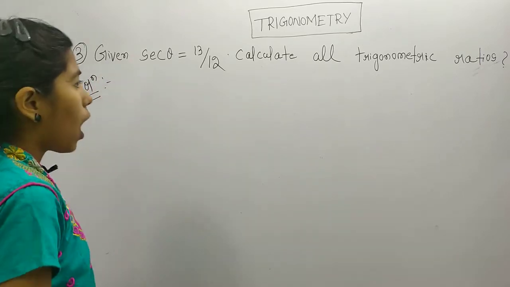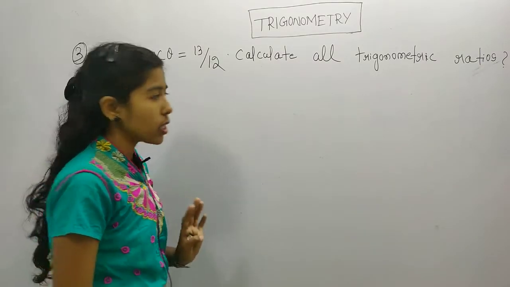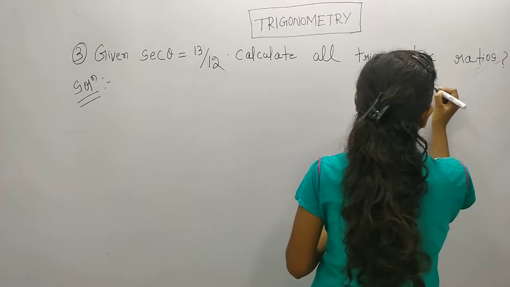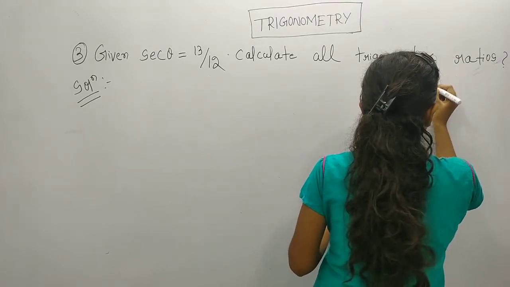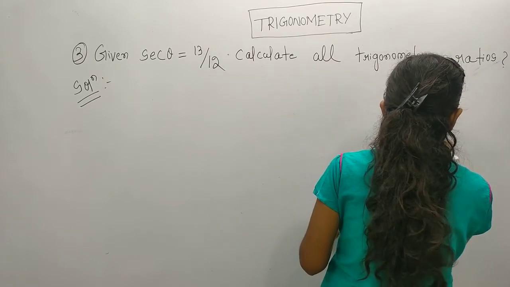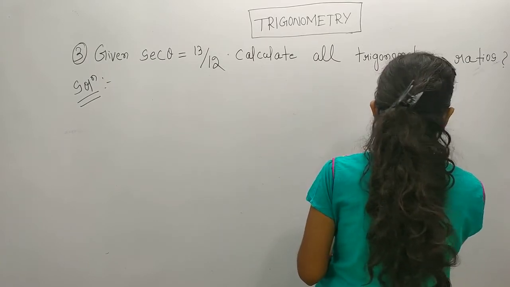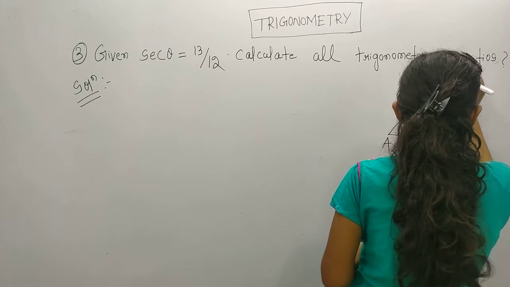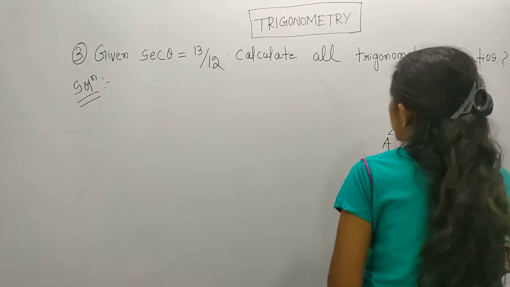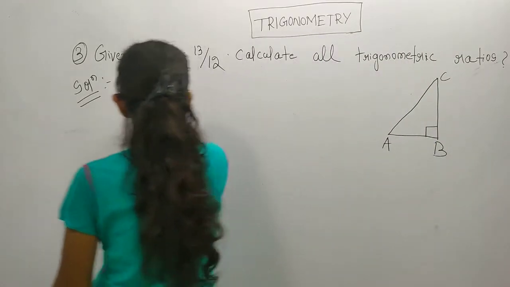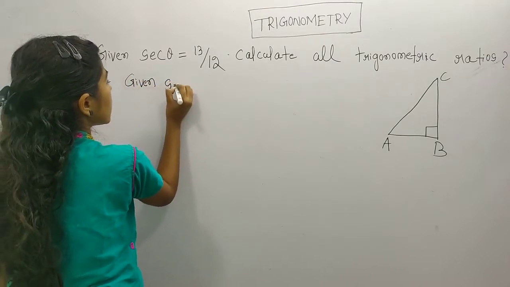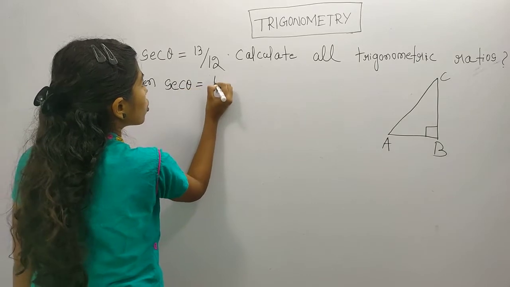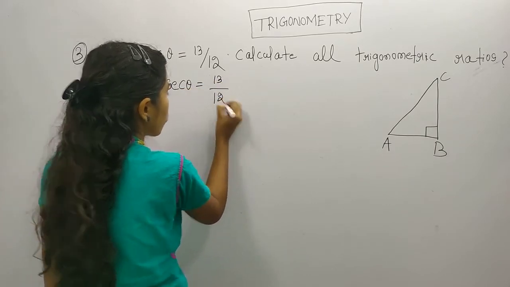First our work is to draw the triangle. So here first we will draw a triangle to know the sides A, B and C. Given sec theta equals 13 by 12.